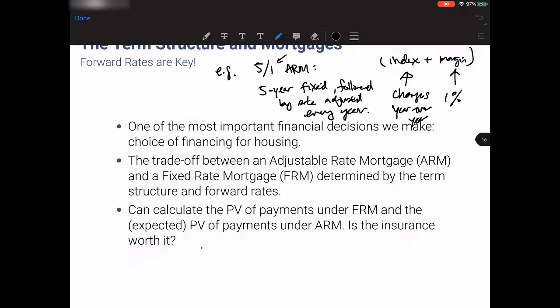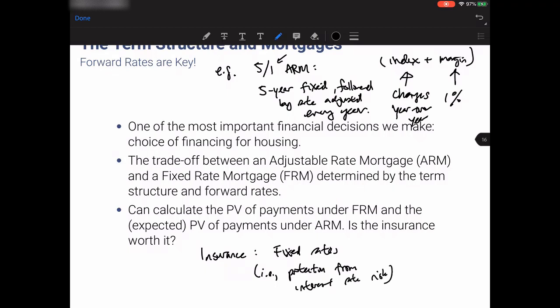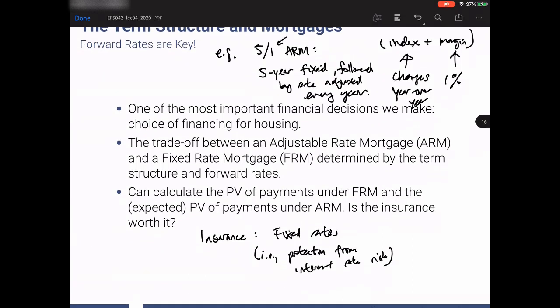So you can think of the fixed rate as insurance, or more specifically, protection from interest rate risk. So as you can imagine, fixed rates tend to be higher in general than ARMs, in the beginning at least, or on average.